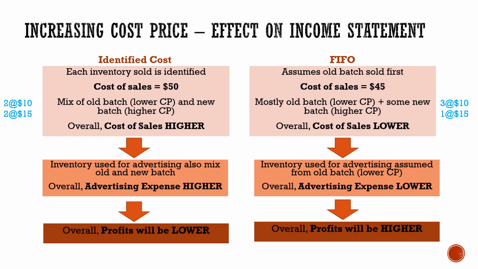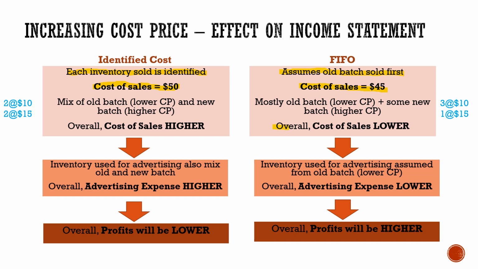Now we're going to compare between the two methods and identify the different effects that they have on the income statement, which in other words are effects on the profits. So with identified cost method, each inventory sold was specifically identified. Using the example from earlier, the cost of sales calculated was $50. We compare this to FIFO, which assumes that the older batch is sold first, and the cost of sales calculated using the example earlier was $45, which is lower than what was calculated using the identified cost method.